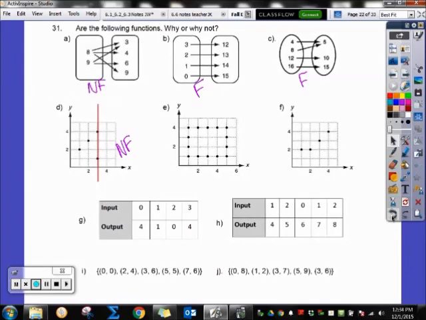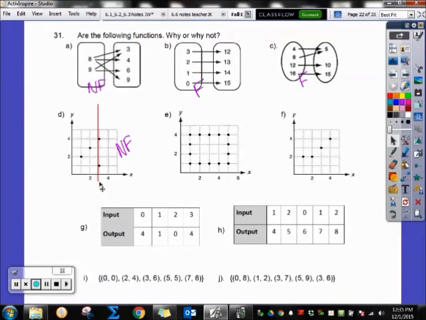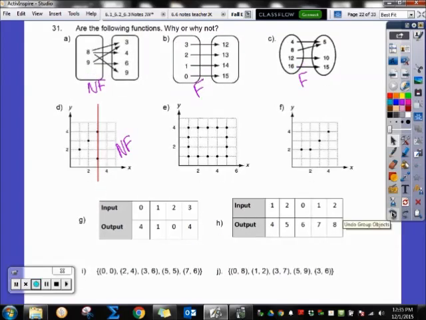Maybe. So there it is. So E would also not be a function because in 2 places it touches more than one dot at a time. And F would be a function. So this one is not a function, and F is a function.